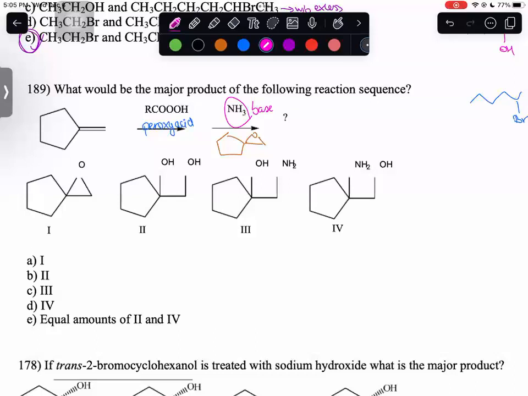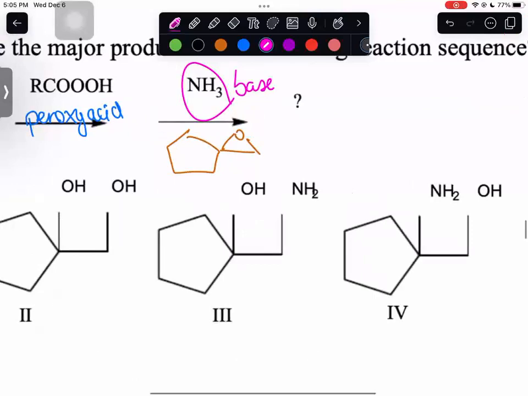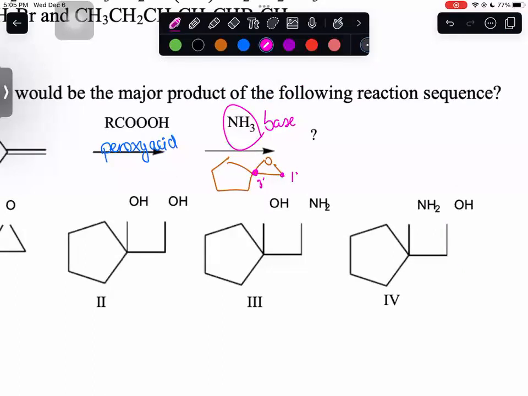What was the main portion of the peroxy acids? How do we know we have a peroxy acid? CO3H. Beautiful. What was the ranking for base cleavage?